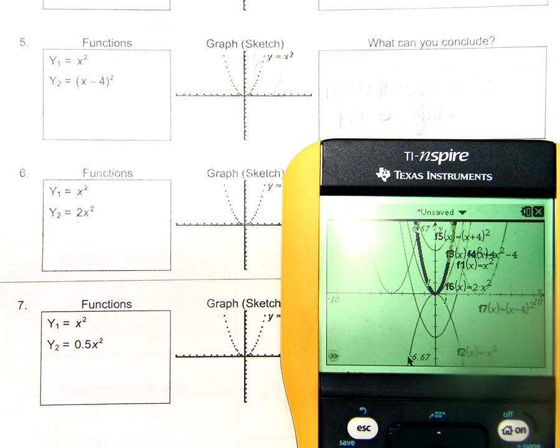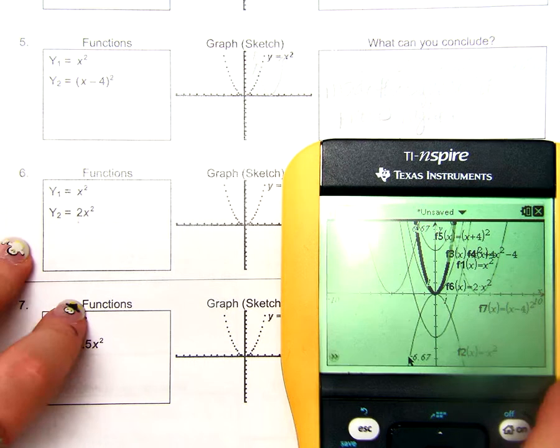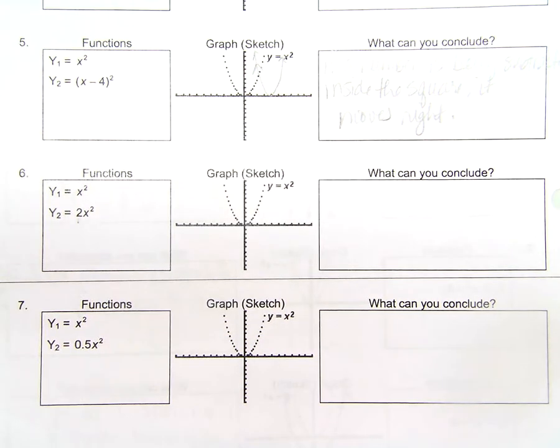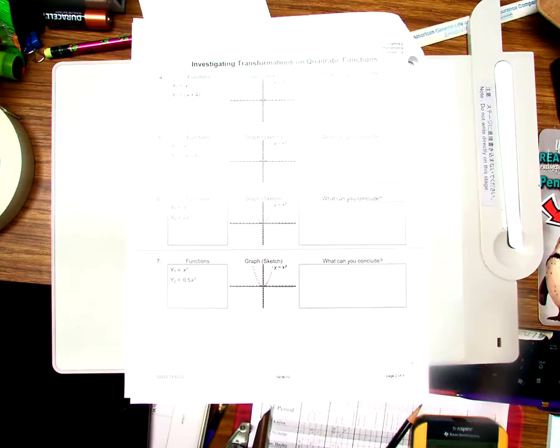Go grab me the balloon. Isn't that a vertical change? If I'm moving it up or down, isn't that a vertical change? So, even though it looks like a compression, it's not.